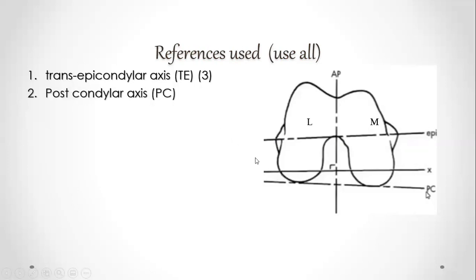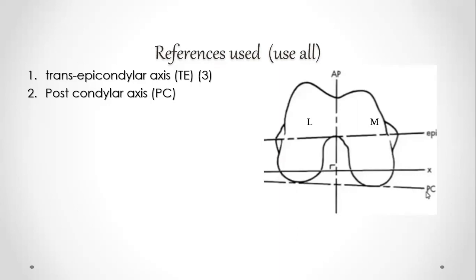The posterior condylar axis is here, between the medial and lateral, and as we see the medial is projecting more posterior than the lateral, and it forms a 3-degree inclination between the epicondylar axis and the posterior condylar axis.